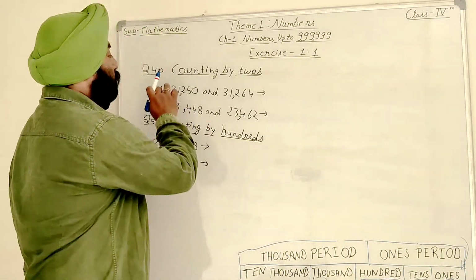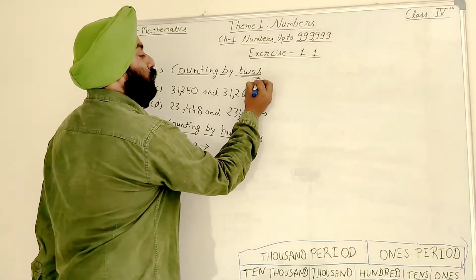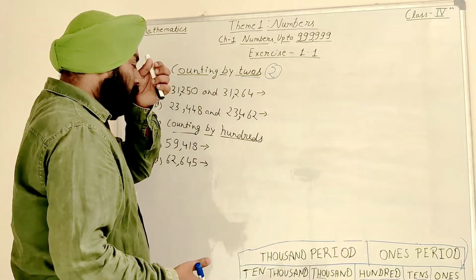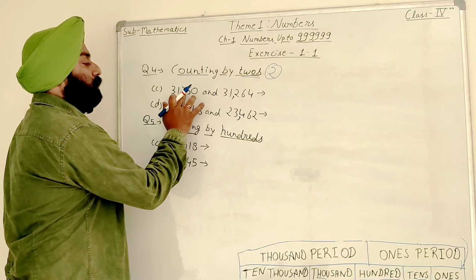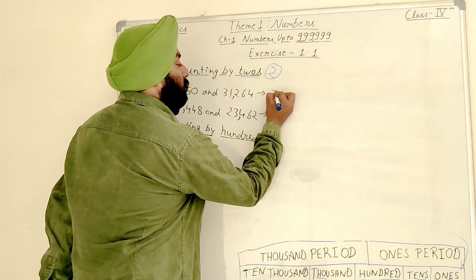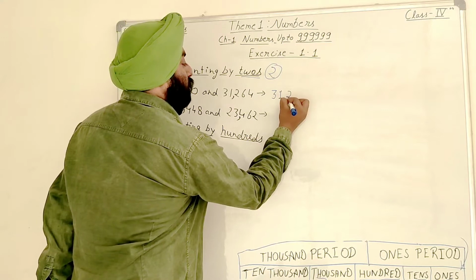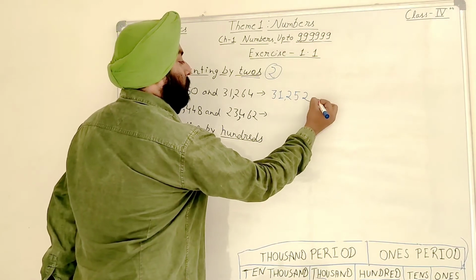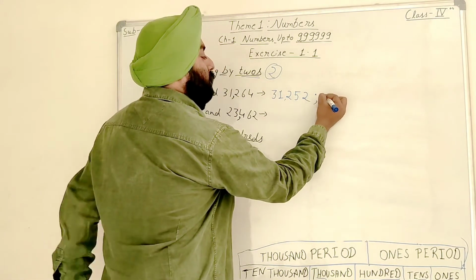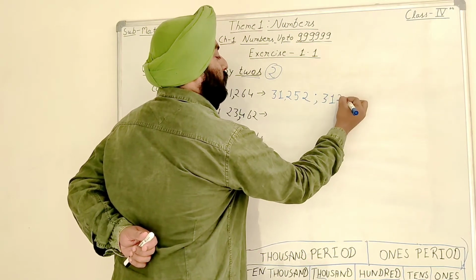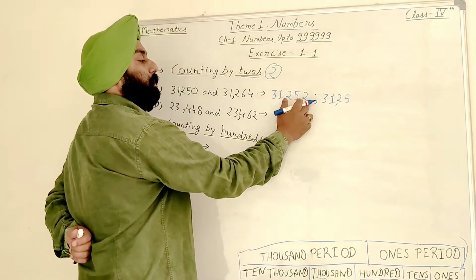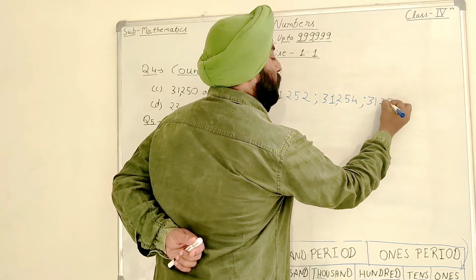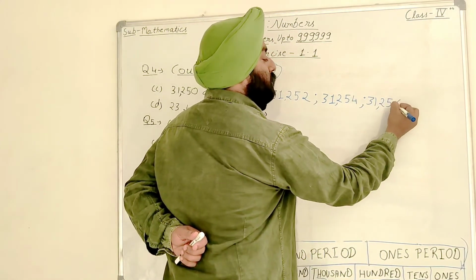Our next question is question number 4, counting by 2. Just skipping the number, just add 2. 31,200, 0 plus 2 is 2, then the next number will be 31,202, 2 plus 2, then 31,204, 4 plus 2.